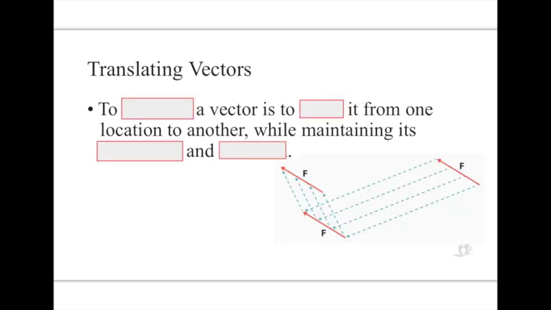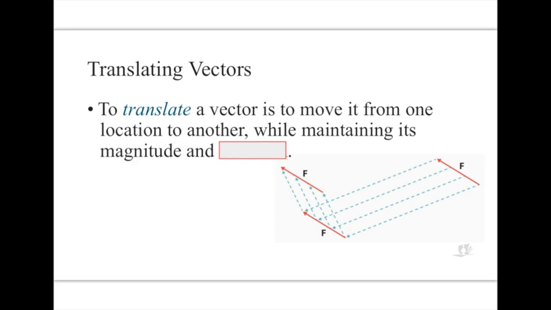So then if we wanted to move them to translate a vector, think about the word translate from geometry. It is when we move it from one location to another and we maintain its magnitude and its direction. So if I were to take this particular ray up here at the top, this particular vector, I can slide it down, I can slide it over.